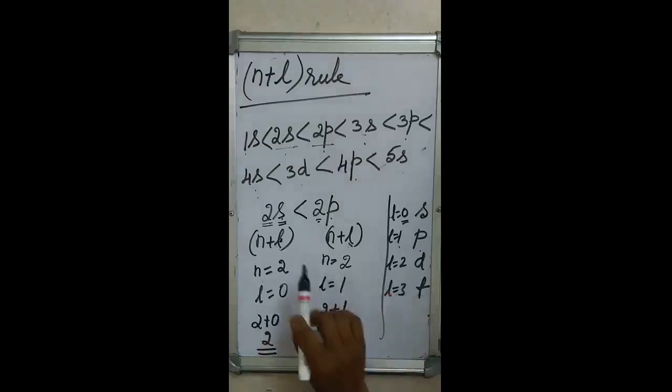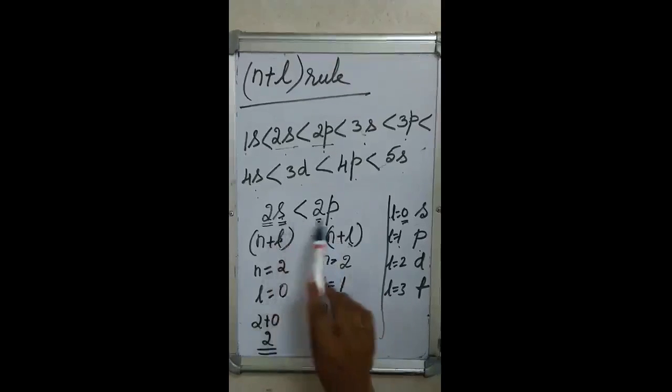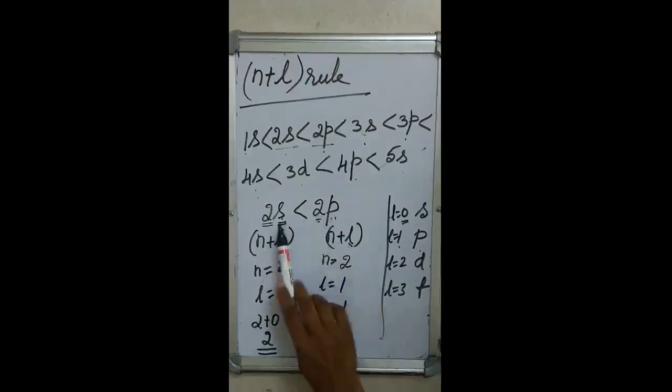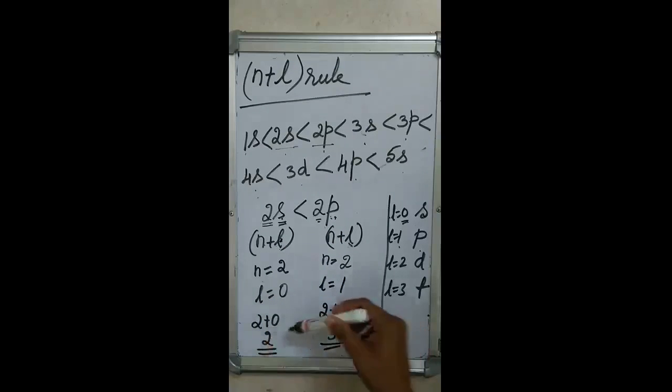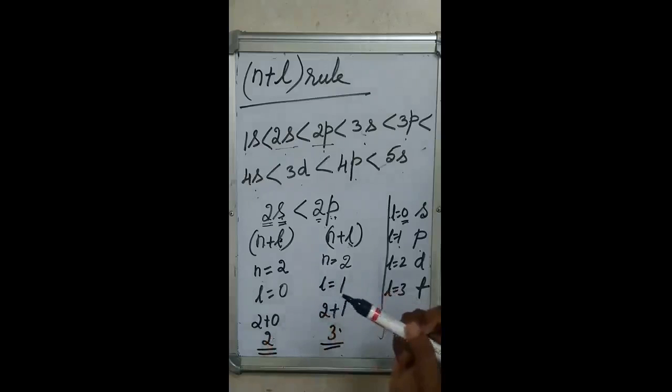If two different atomic orbitals are present and their n plus L values are different, then the one with the greater n plus L value you have to consider as having greater energy.